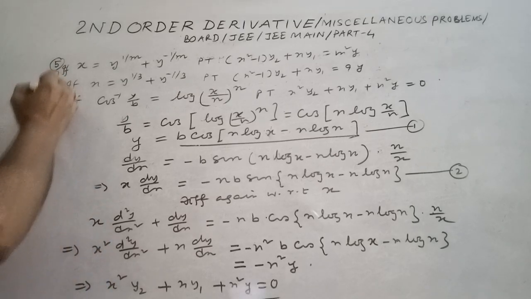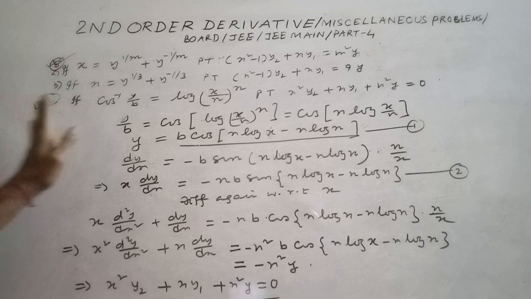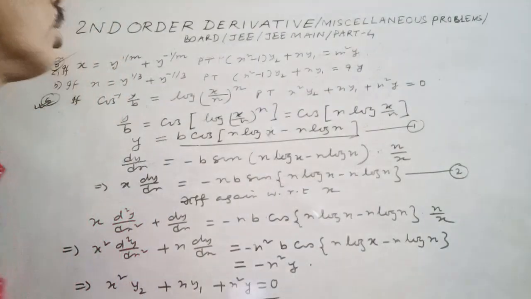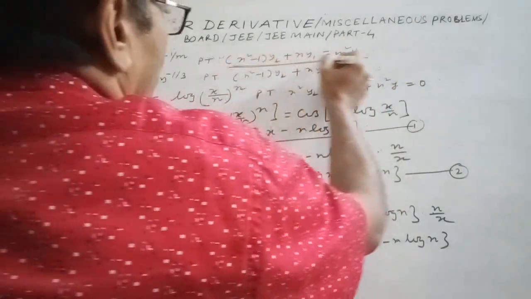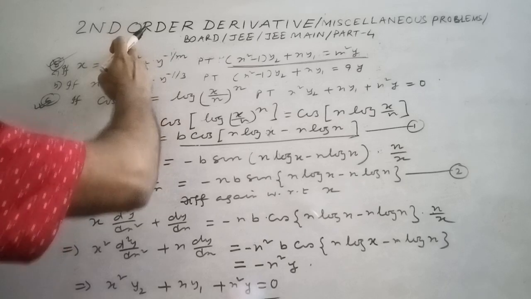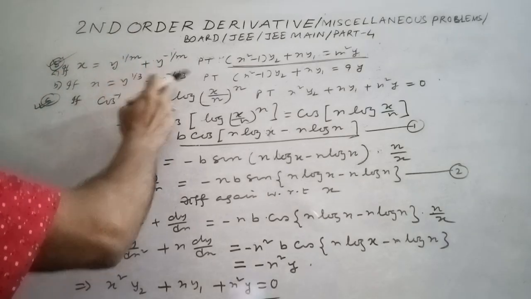So you complete problem number 6, expressing y in terms of x. This is a most important problem for JEE Main. This one is a general problem, where 1 by b n is replaced by c.